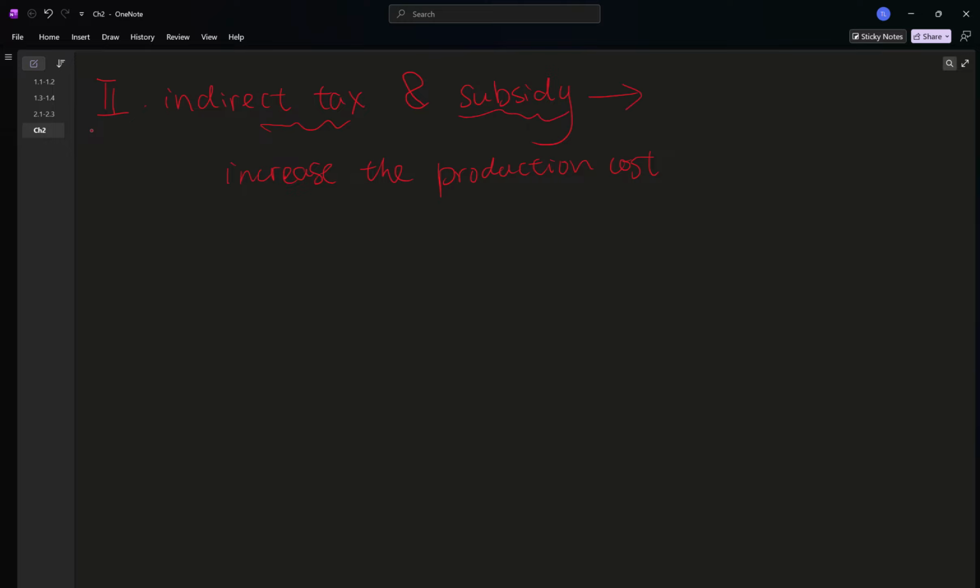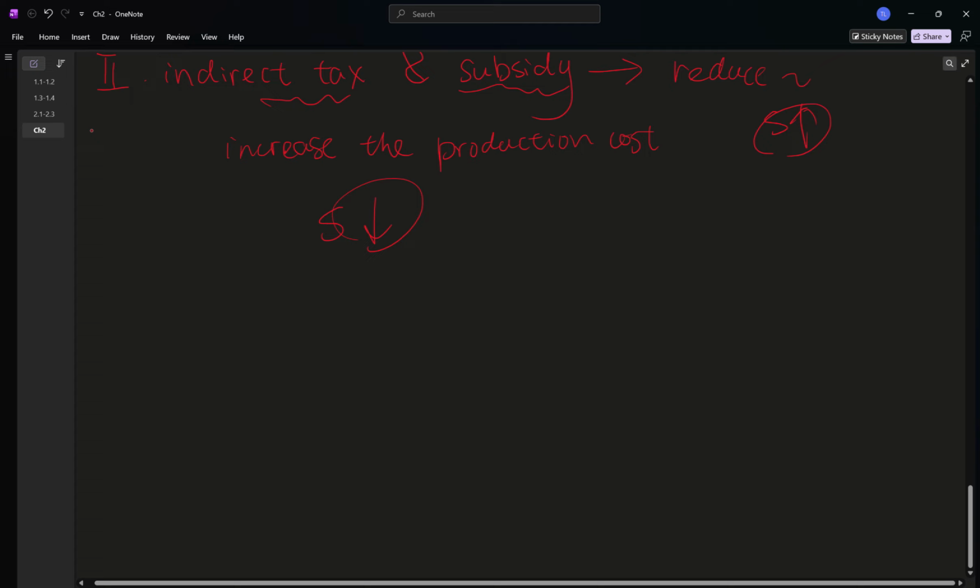And subsidy does the opposite. It reduces the production cost, which makes supply go up. We are going to learn more about how it works, first talking about indirect tax.